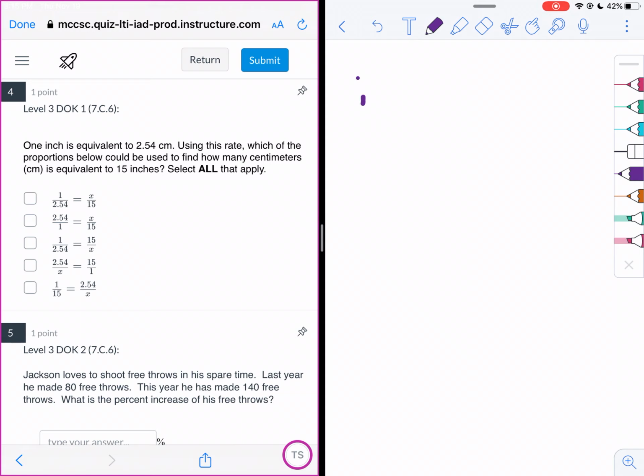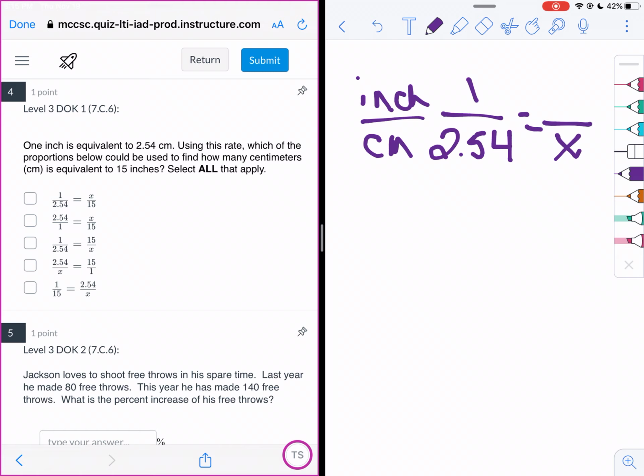Our two different things are inches and centimeters, two different units. So it's saying 1 inch is equivalent to 2.54 centimeters. And we want to know how many centimeters, that's the part we don't know, so that's where our x goes, is equivalent to 15 inches.